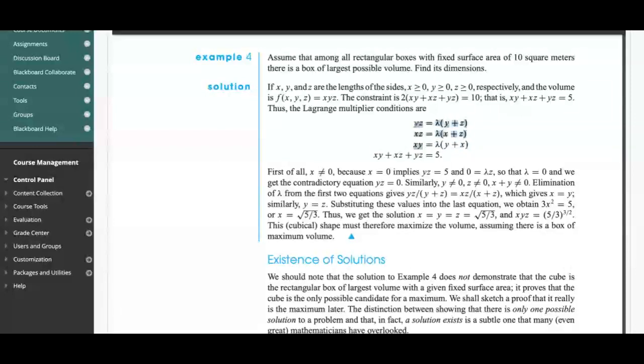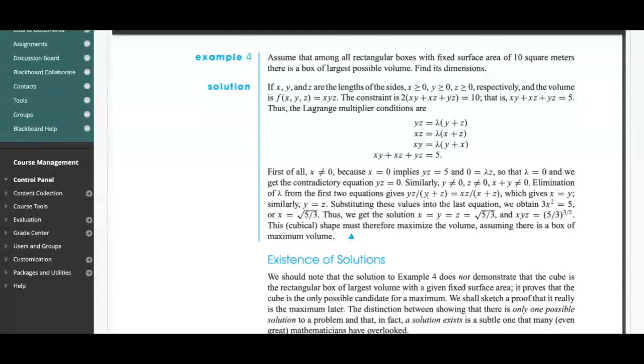Then I can get rid of this x, y, z, right? I can have lambda x, y plus z equals this, multiplied by y equals this, multiplied by z. Then I work with this. In any case, you may have a different method to solve this system of 4 equations.